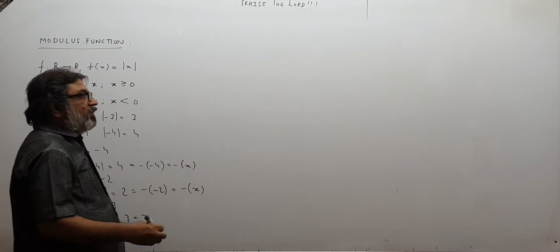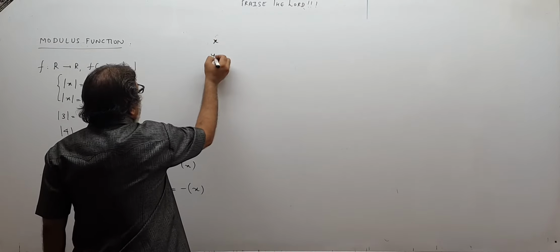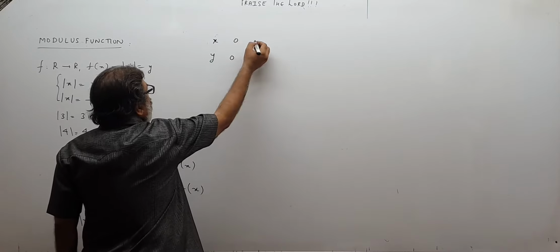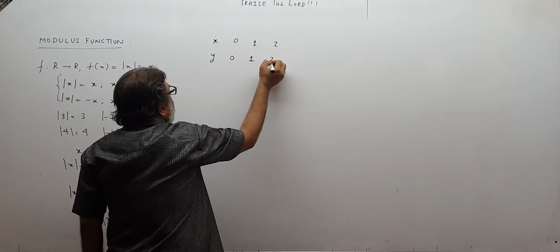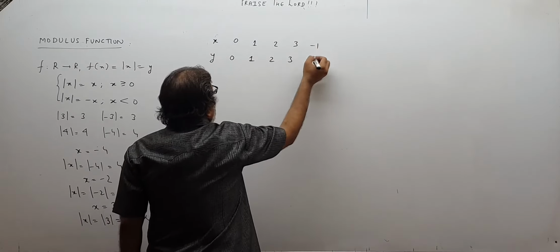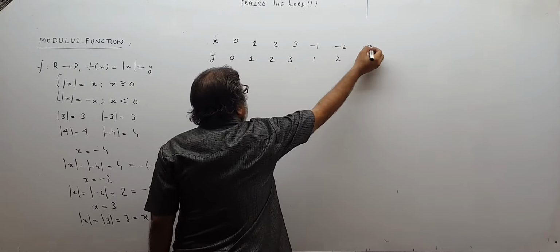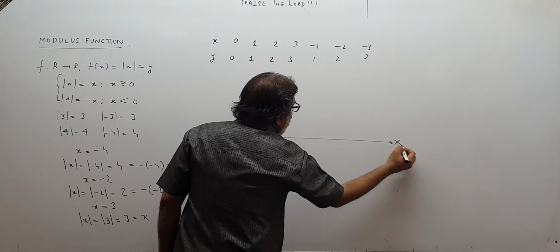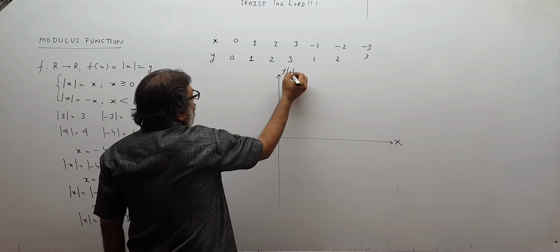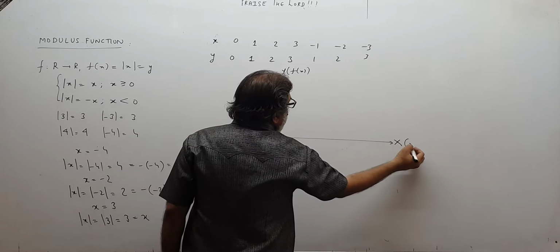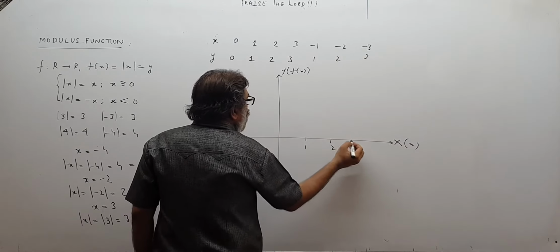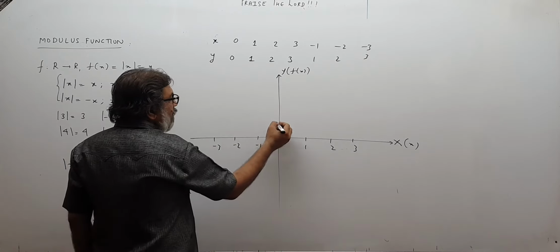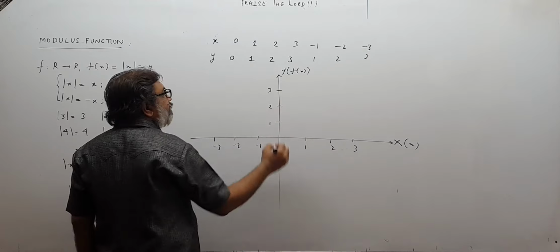This is the definition. Let us see the graph, x and y. This is y, f(x). For 0 the answer will be 0, for 1 it will be 1, for 2 it will be 2, for 3 it will be 3, for minus 1 it will be 1. See, x and y, this is f(x) and this is x. 1, 2, 3, minus 1, minus 2 and minus 3.